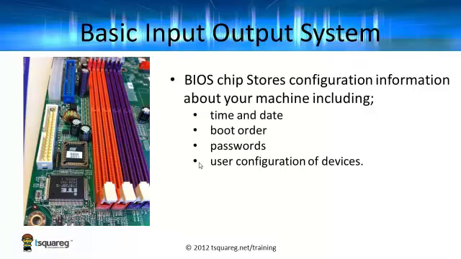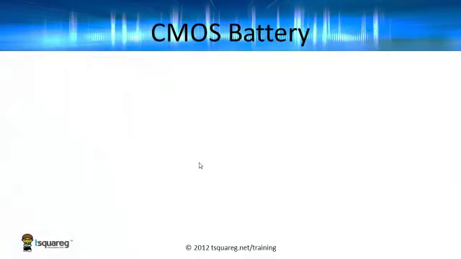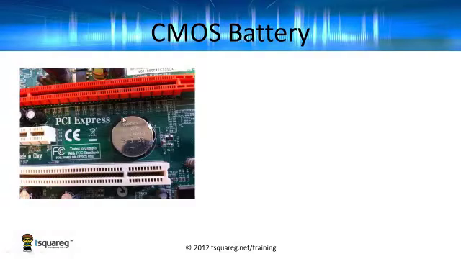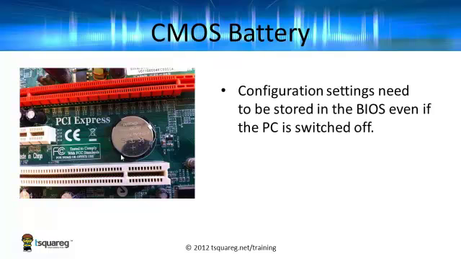So we're going to need something else, and that something else is this CMOS battery. Now, don't worry about CMOS. It stands for complementary metal oxide semiconductor, but that's not too important right now. The important thing to remember is that all those configuration settings in the BIOS are stored because the battery ensures that there is always a charge to the BIOS, keeping those settings alive, so to speak.